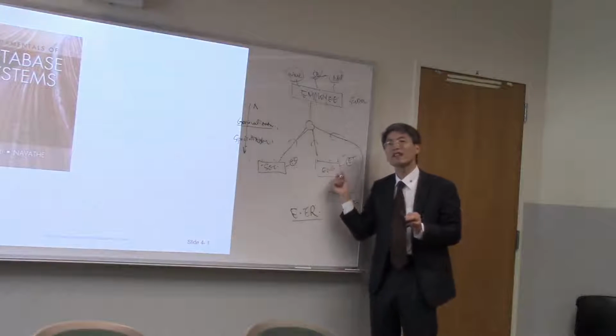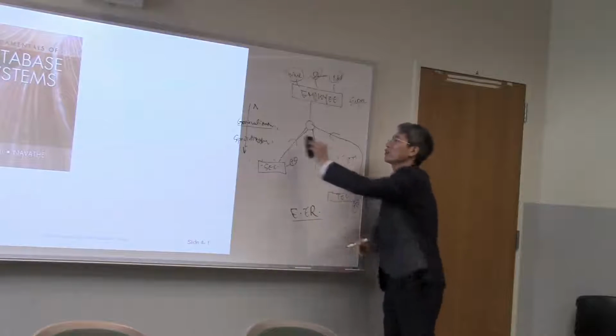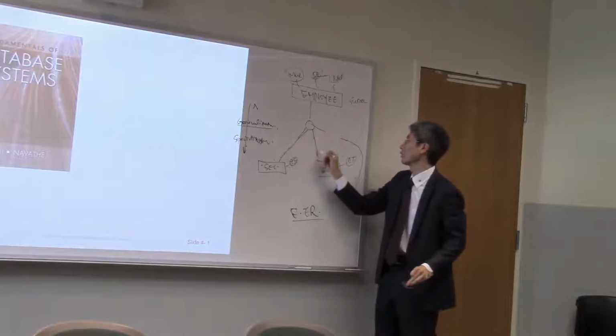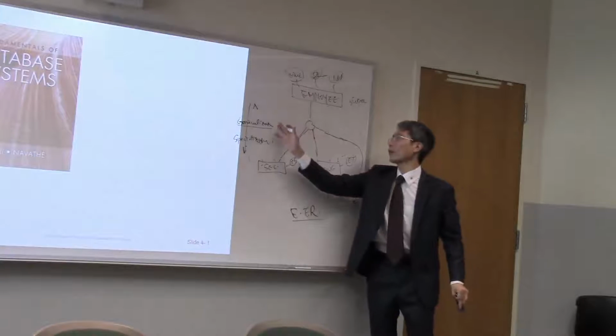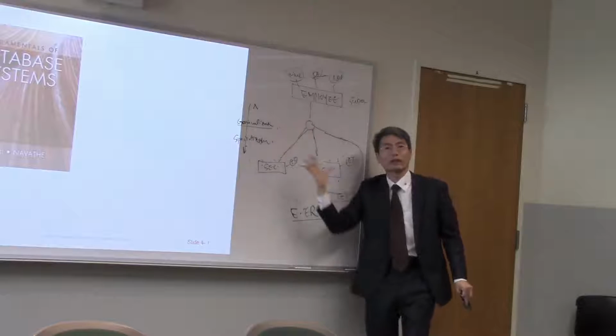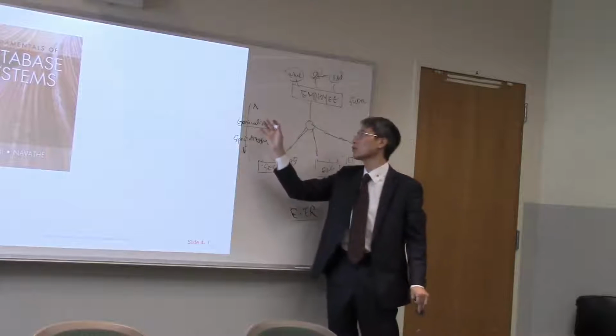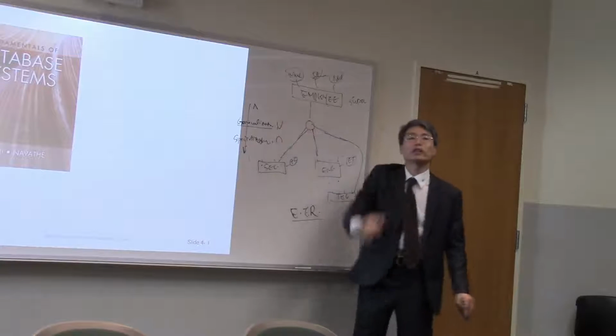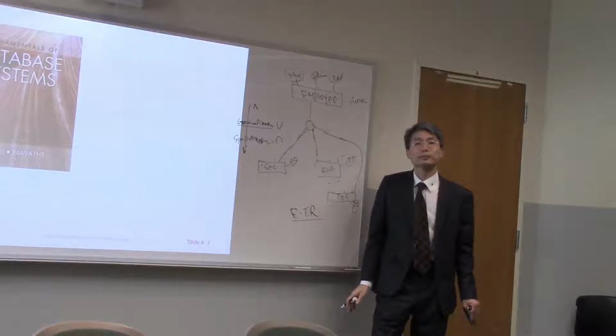But it's not critical in a real project. In a real life project, there's no difference between generalization and specialization. However, you can specify how you define the super and subclass using either generalization or specialization. Yes? Okay.